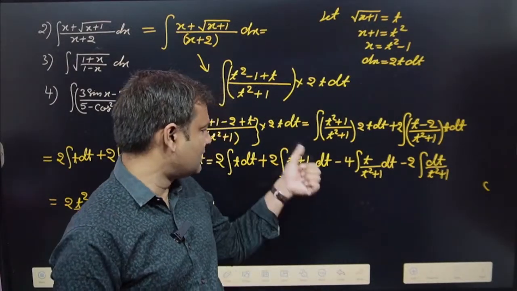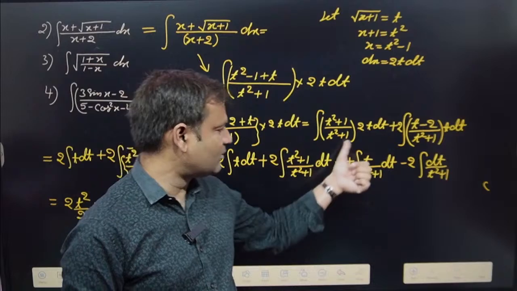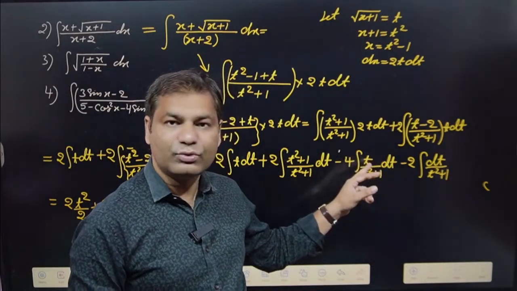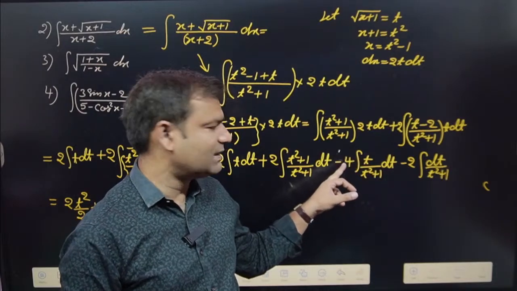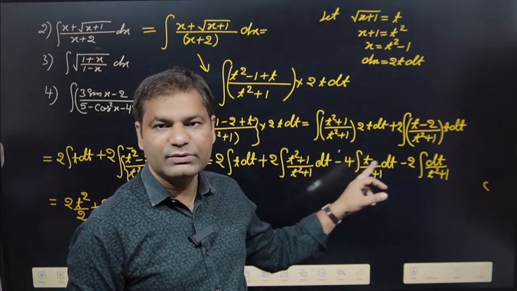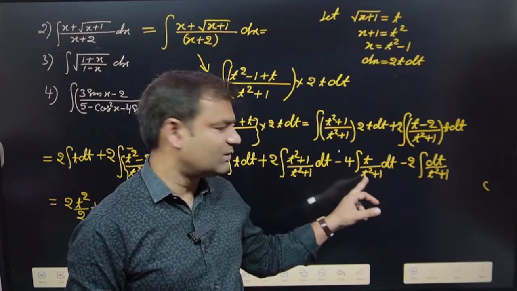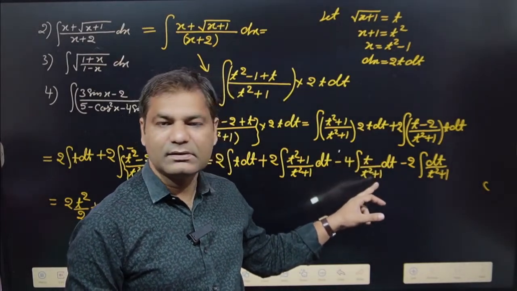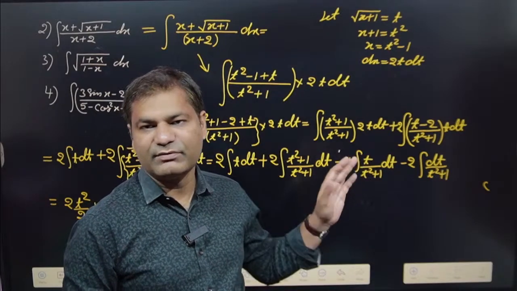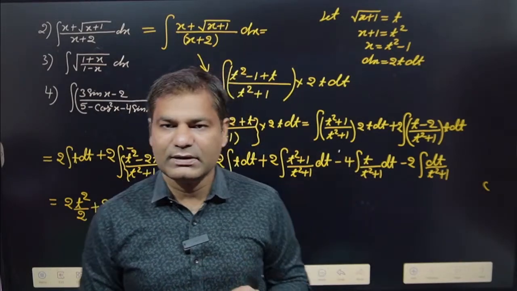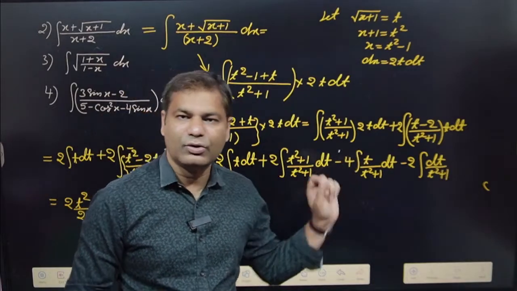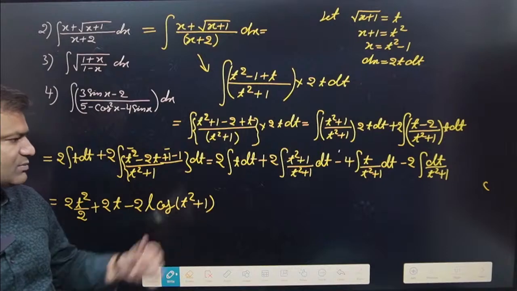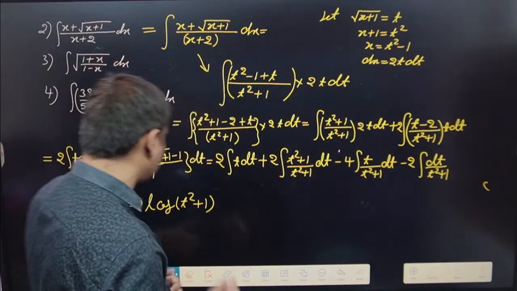So here 2t dt is replaced by dy, so finally we got minus 2 into dy divided by y. Integration of dy upon y is how much? Log y. So minus 2 into log y. Log y is basically log of t square plus 1.